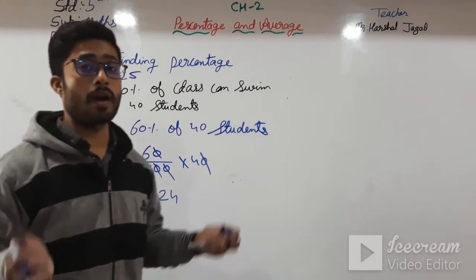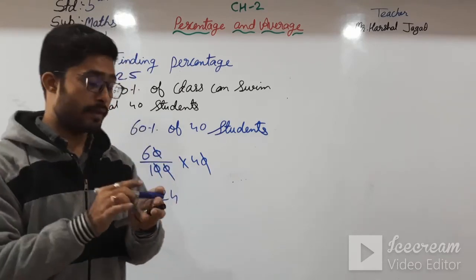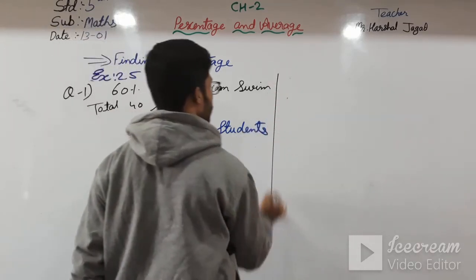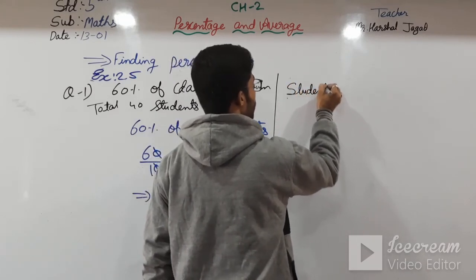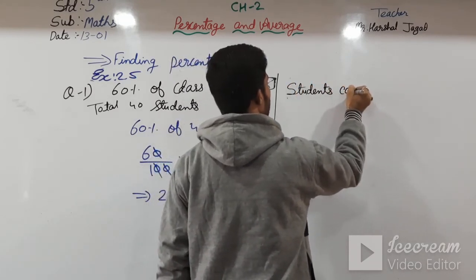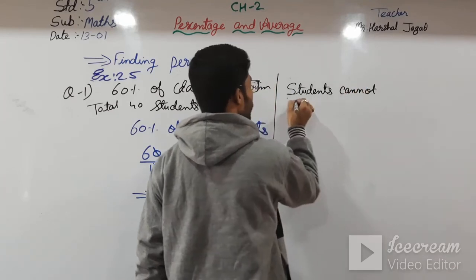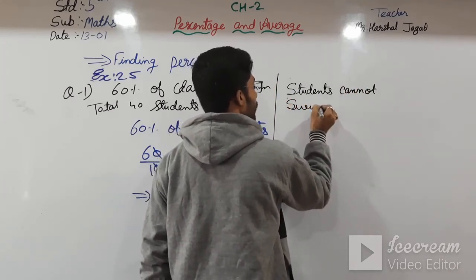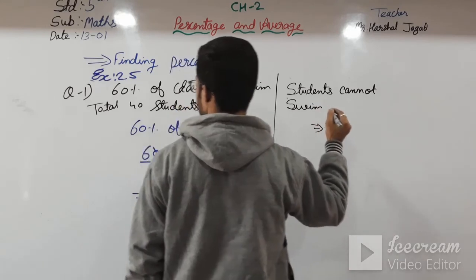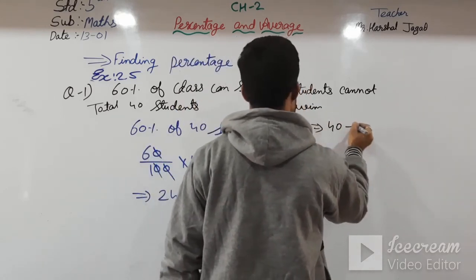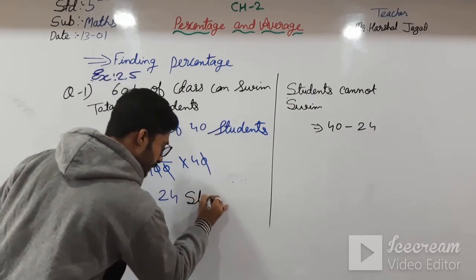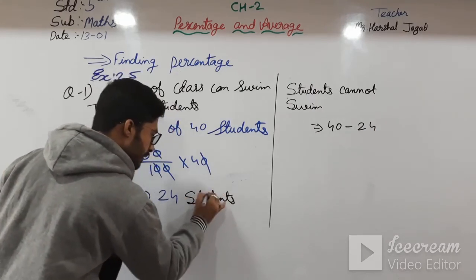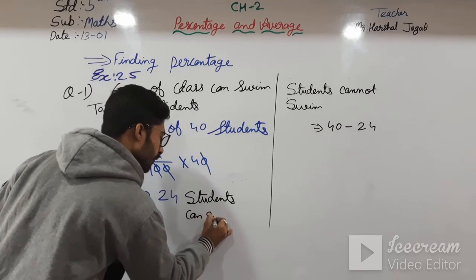Then we have to find out how many students cannot swim. So over this side, students who cannot swim, that is 40 minus 24. These 24 students can swim.